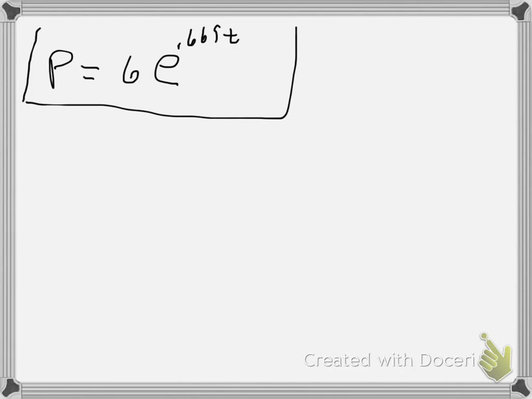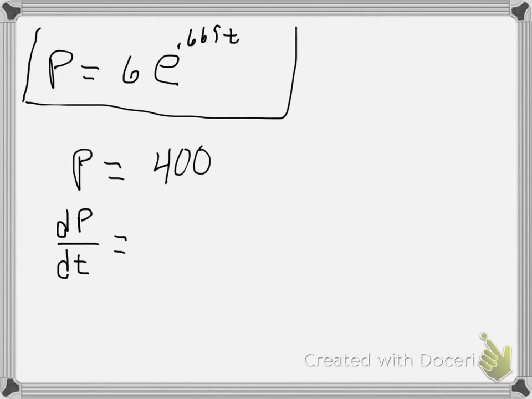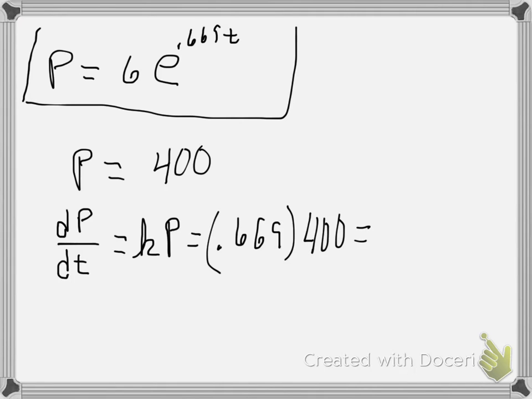Now, what I might like to do also is find out, well, how fast is the population changing when the population equals something like 400? Well, if we remember all the way back to the beginning, we had dP/dt. And what is that? That's the rate of change in the population. And we said that that was equal to k times the population at that time. Well, k is 0.669, and if the population is 400, again, another time to get out your trusty calculator.